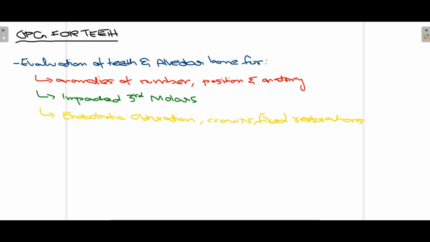The OPG is also mainly focused on impacted third molars, because it gives us an idea of how the mandibular or maxillary third molar is impacted: horizontally, vertically, inverted, and in the different directions. This gives us an idea of how to perform a surgery. And then we can also appreciate endodontic obturations, crowns and fixed restorations as well.